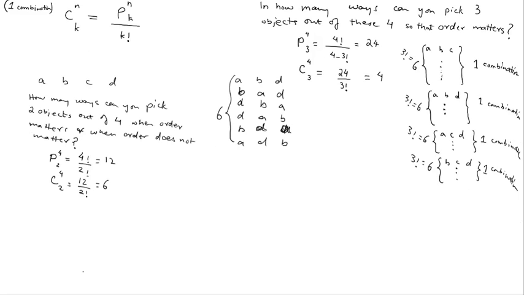Should we verify? Let's try. One group would be AB. I only have to pick two objects, right? And then I can rearrange it and get a new ordering. Another group would be AC and then CA. Another group would be AD and DA and so on.